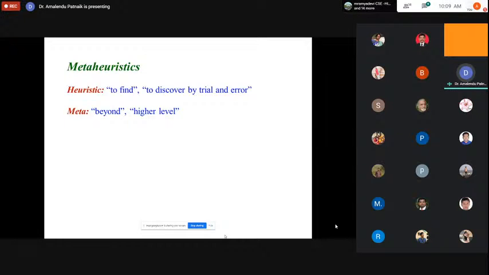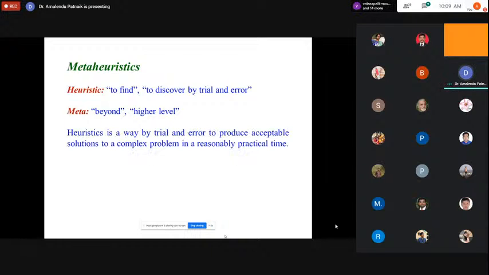It's a systematic manner of finding out the solution. So heuristics is a way by trial or error to produce acceptable solutions to a complex problem. And the important thing is, in a reasonable practical time, within finite time, you should be able to get a reasonable or acceptable solution to a complex problem.